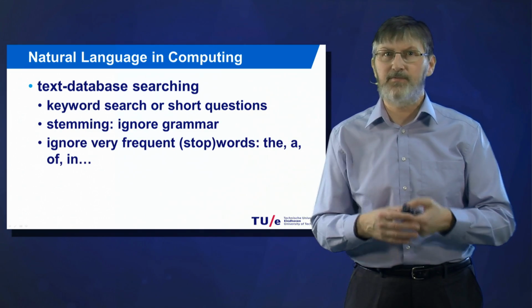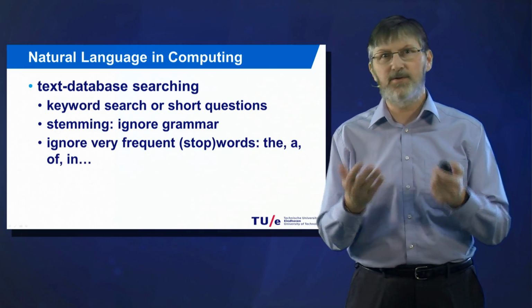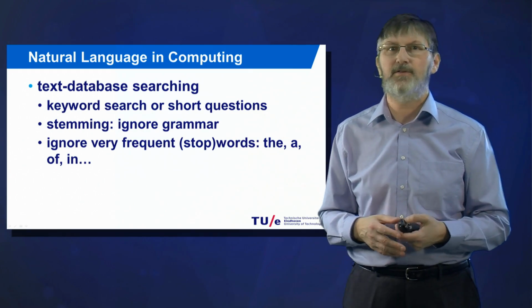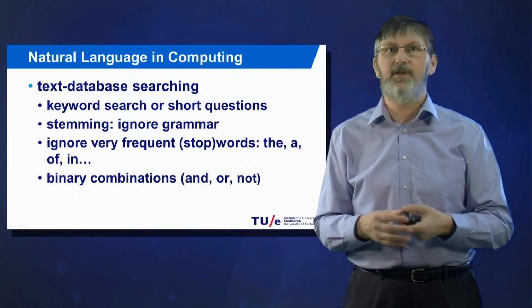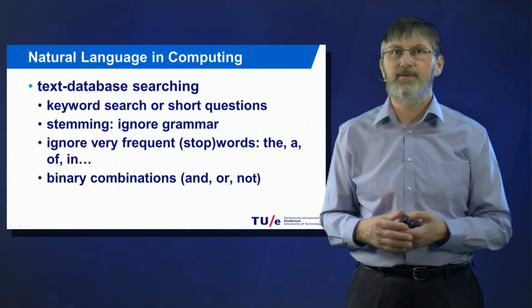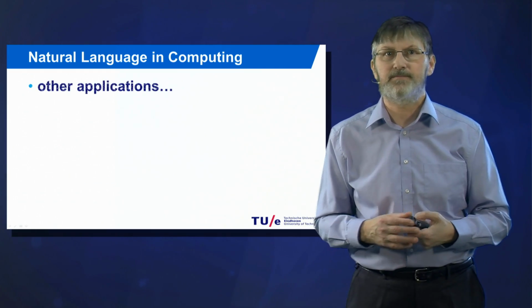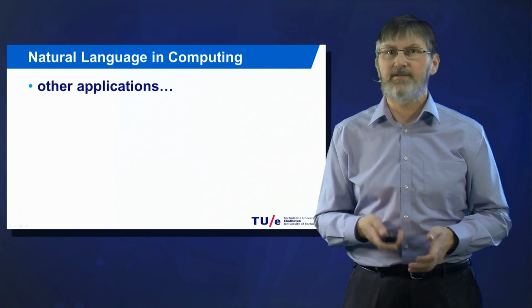We can ignore very frequent words. The, of, in, they're used in almost every question. Just ignore them. That reduces the number of words we have to look at. But we do have to support binary combinations and, or, and not. And then we can answer questions.